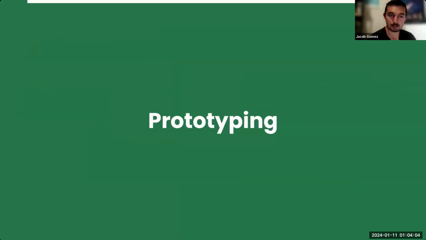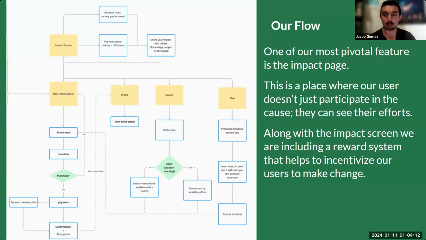After choosing our features, we began the prototype stage. First being our flow chart. We created a flow chart as a blueprint for our app, both anticipating what the user's actions were and also implementing the features that we chose.